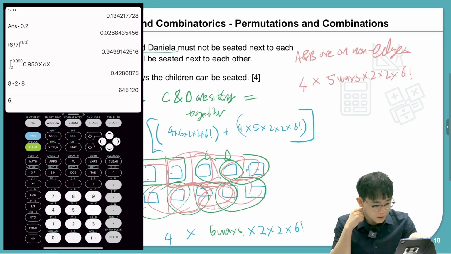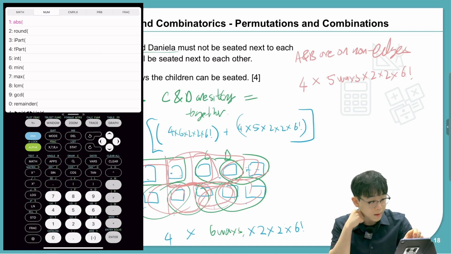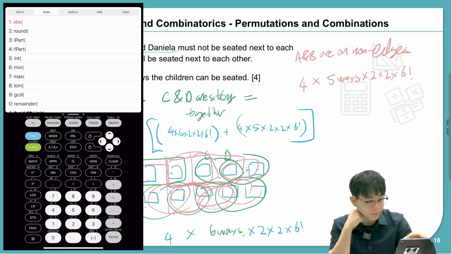So we would do 645,120 minus brackets 4 times 6 times 2 times 2 times 6 factorial plus 4 times 5 times 2 times 2 times 6 factorial again.